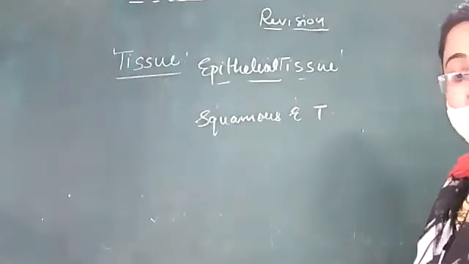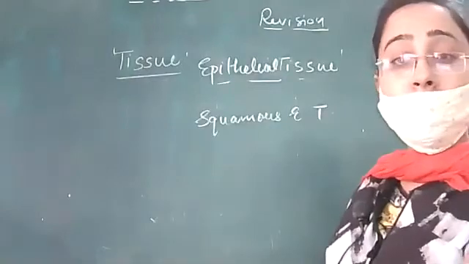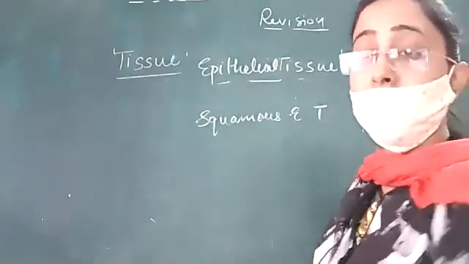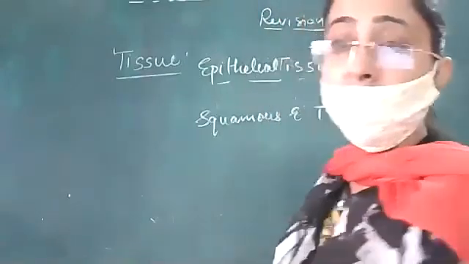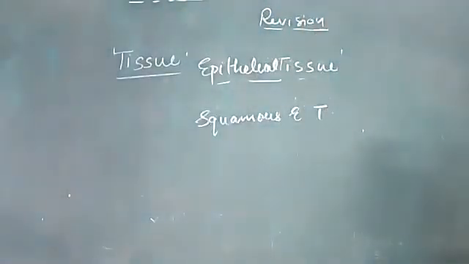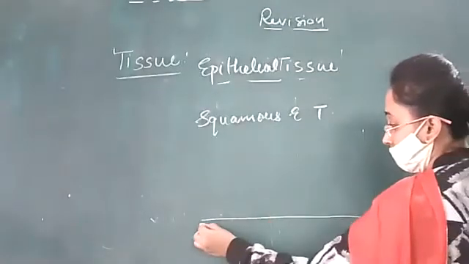So it is found in the inner lining of mouth, esophagus. It can form the lining and it can absorb something, and the cells are squarish type. Let us make the cells. So here we are showing the basement membrane.